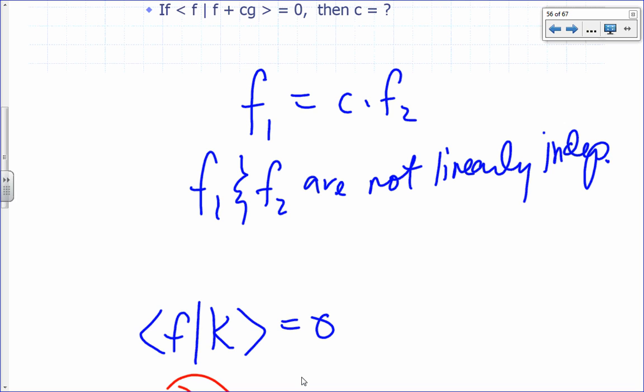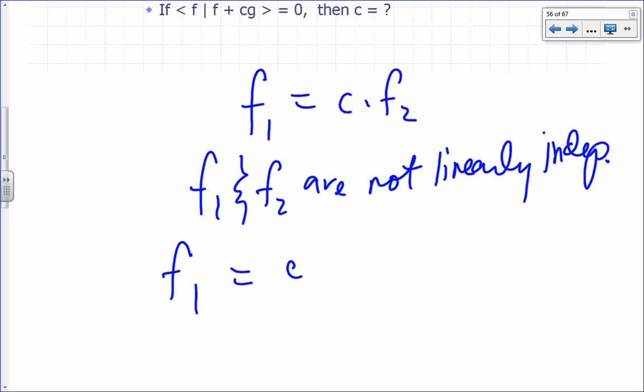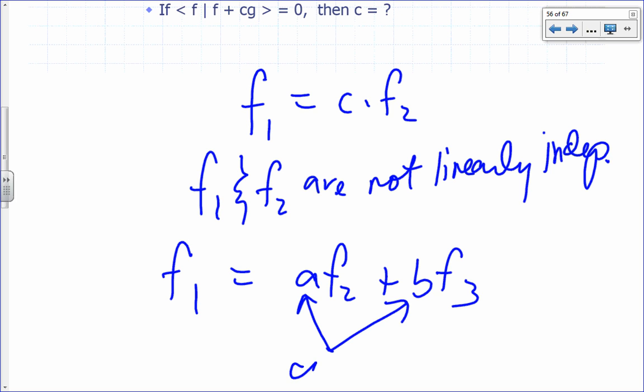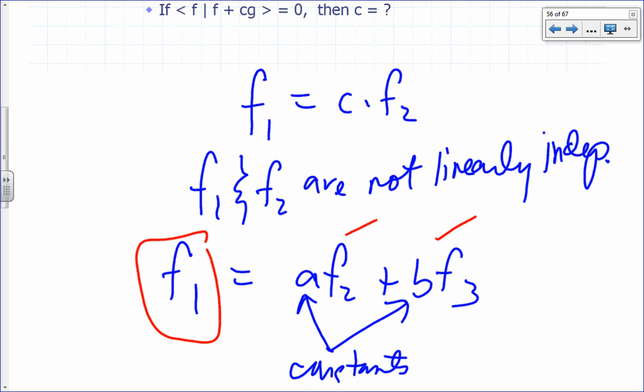Now, what about if we say something like f1 equals a f2 plus b f3, where a and b are constants? Then that means you only have two independent functions, f2 and f3, and f1 is not independent of f2 and f3.